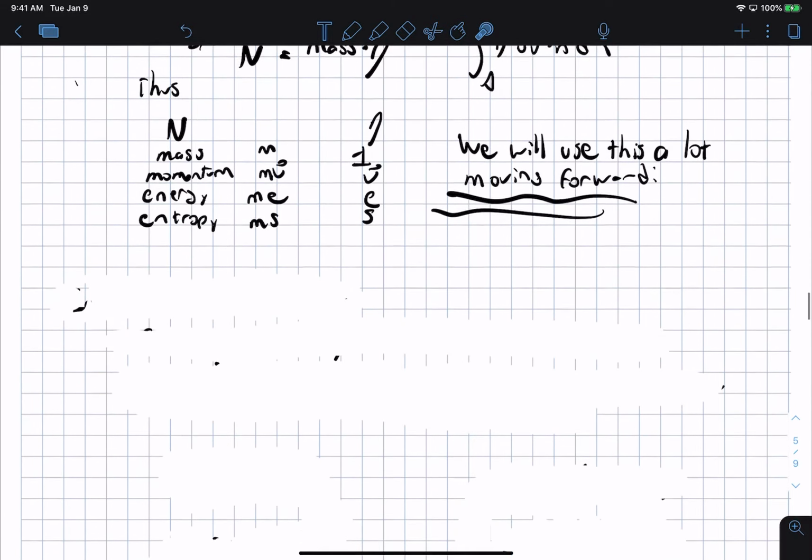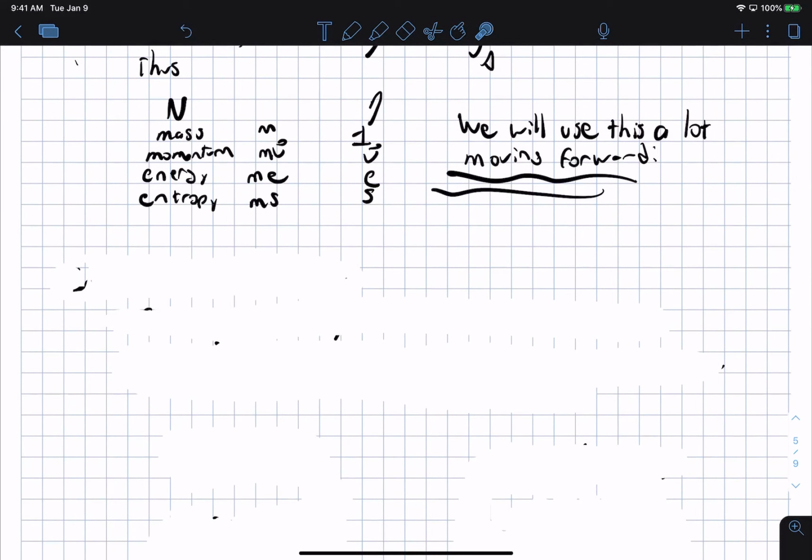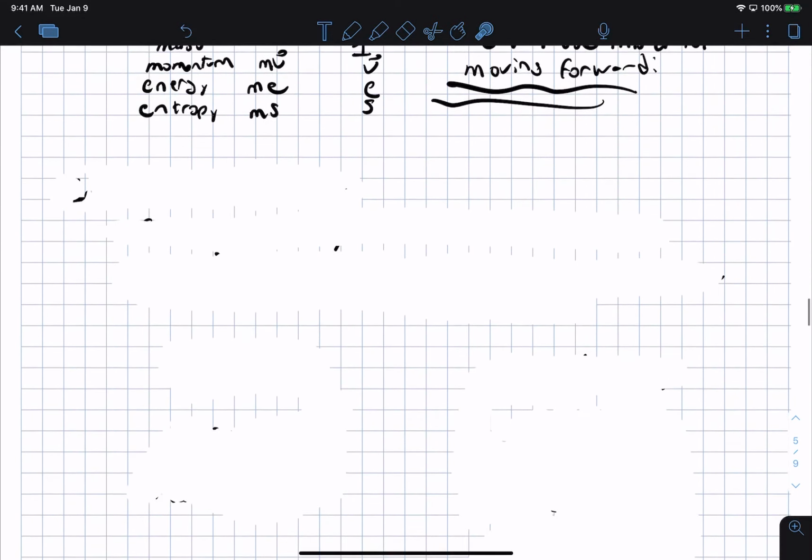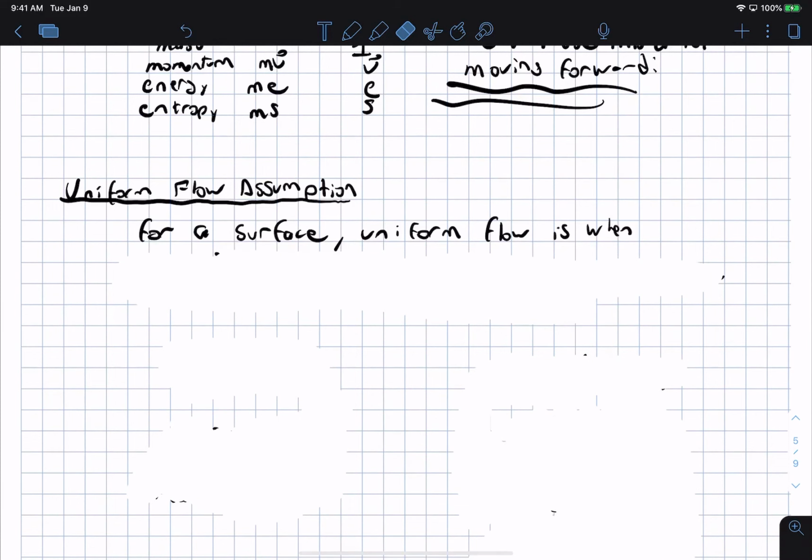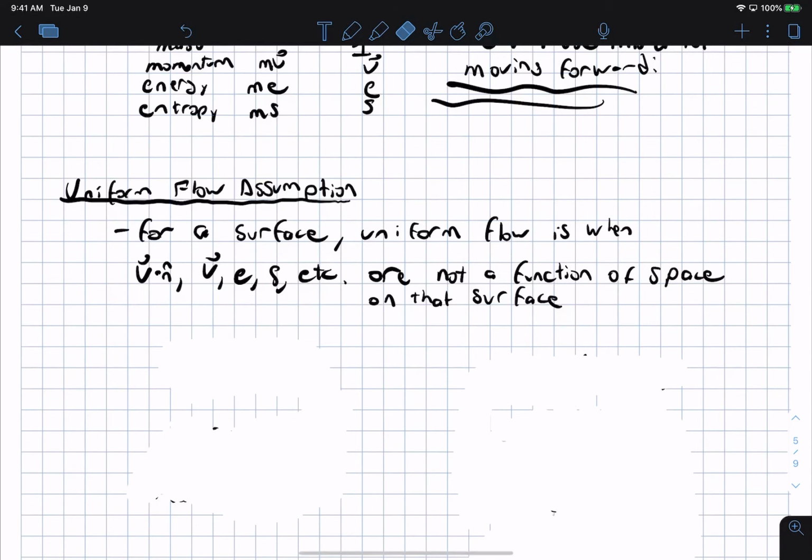Now, there's a very common assumption, and that's called the uniform flow assumption. And what do I mean by that? You guys use this all the time in thermo. For a surface, uniform flow is when v dot n hat, v, e, rho, etc. are not a function of space on that surface.